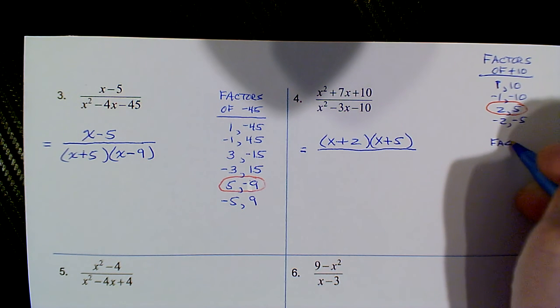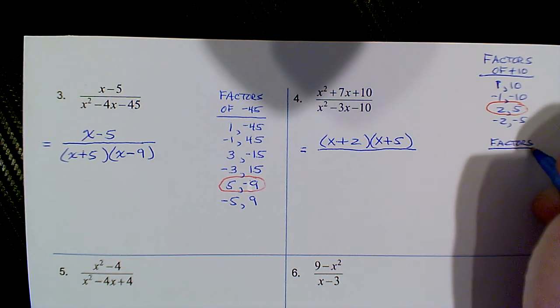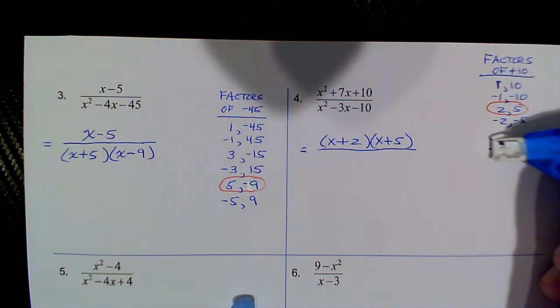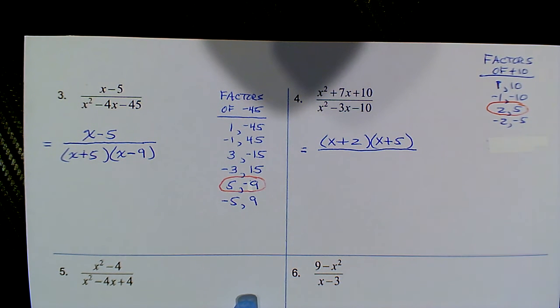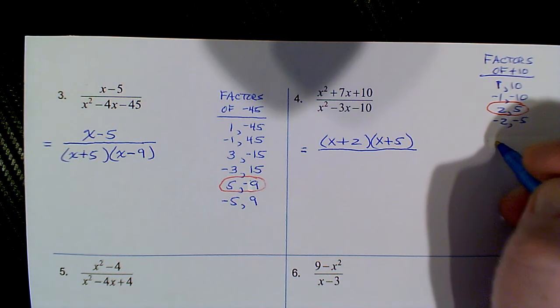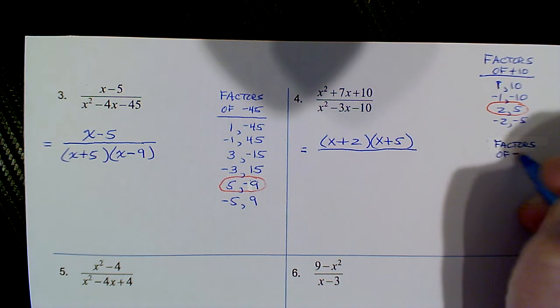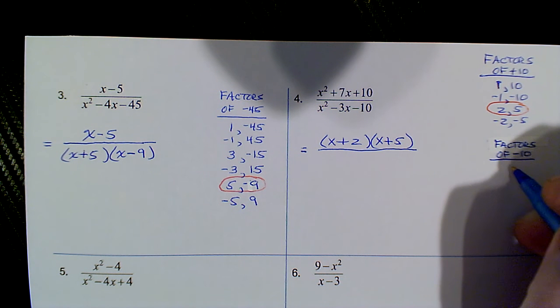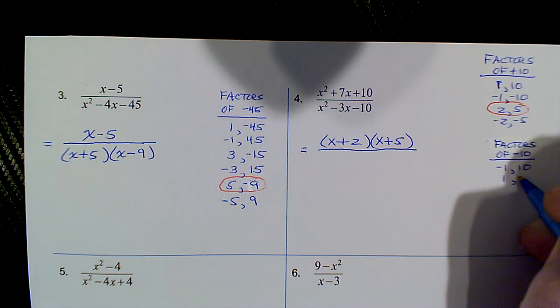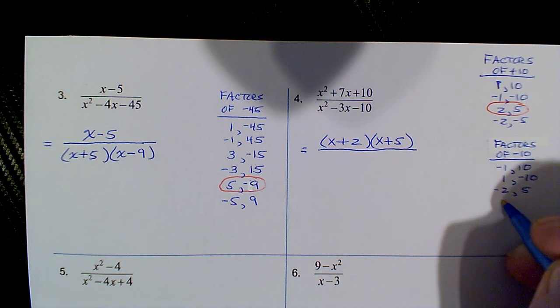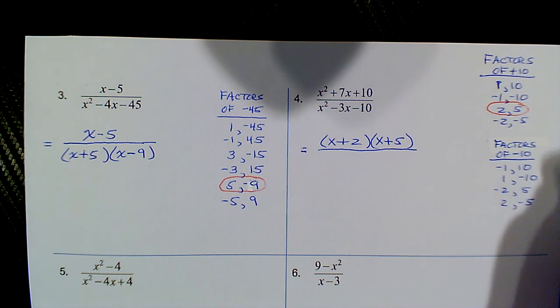And then for the second problem, or for the denominator that is, we're going to list factors of negative 10, and that would be a negative 1 and a 10, a 1 and a negative 10, negative 2, 5, 2 and negative 5, and that's it.